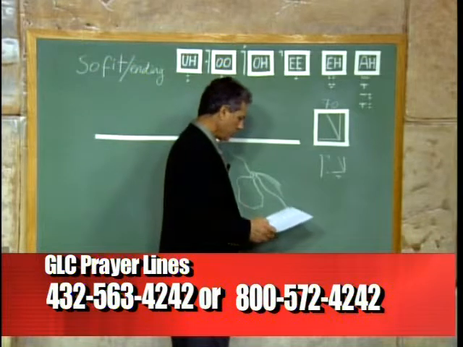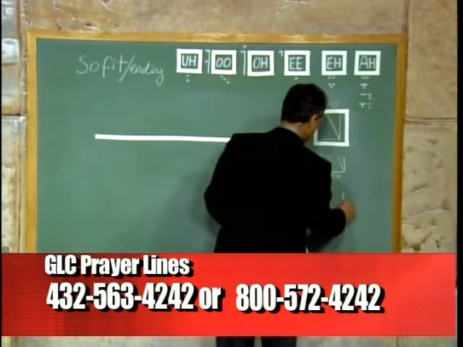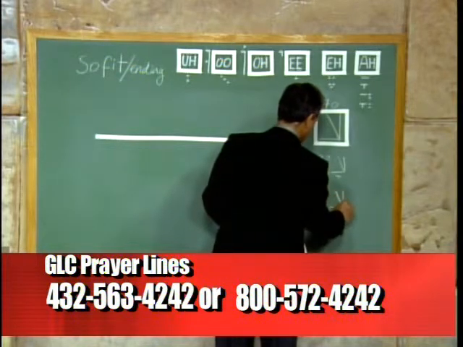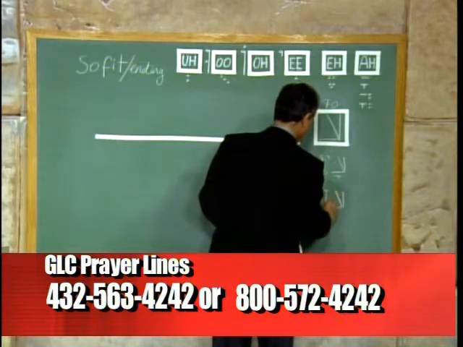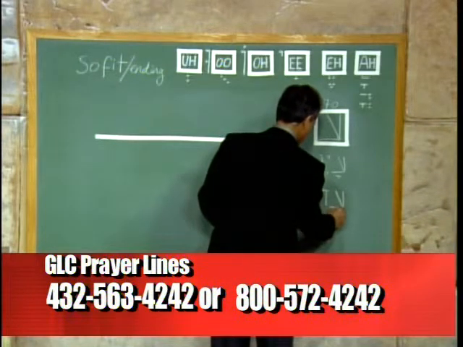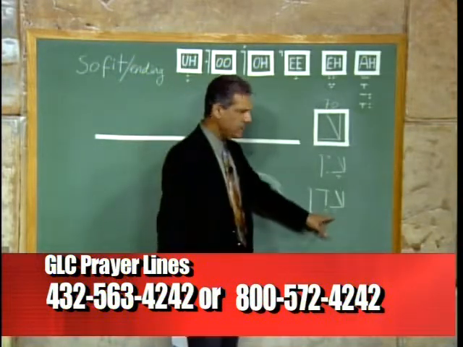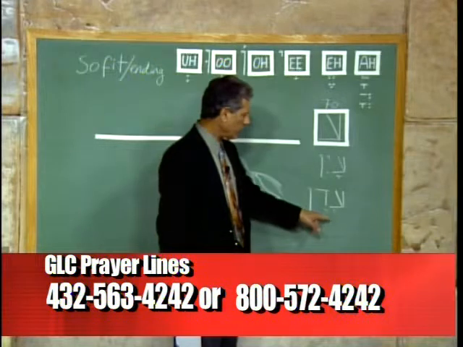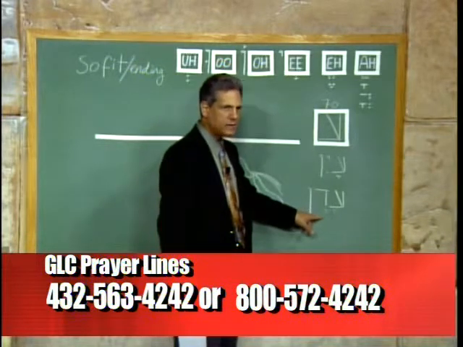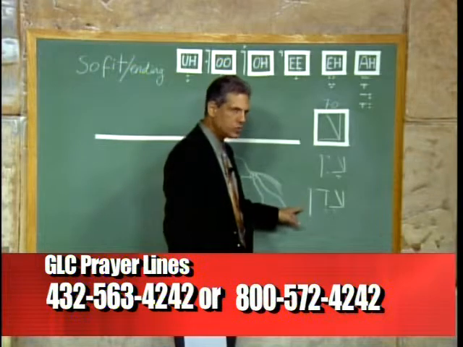A word that comes out of it, that is using the letter, is this: ayin, daled, nun. We have an ayin with an a sound. We have a dalet with an a sound. A, De, and a Nun Sofit.